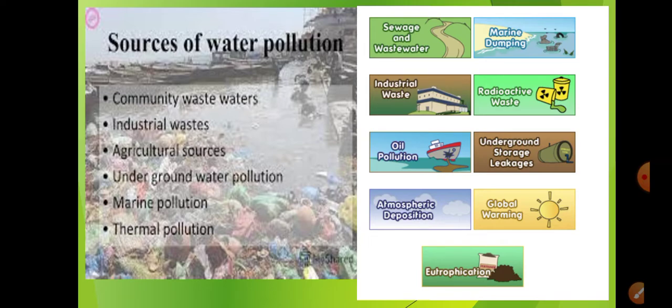The next one is oil pollution. Now this happens in cases of bigger or larger water bodies, like in the case of oil fields, where we see sometimes that an oil spill has taken place, right? Or the ships that were carrying the oil, sometimes there may be leakage or some accident taking place and the whole water body gets oil spillage. You know that oil floats on water, right?